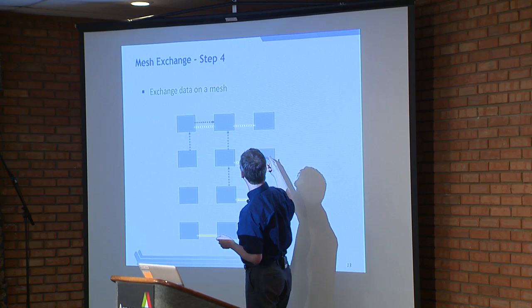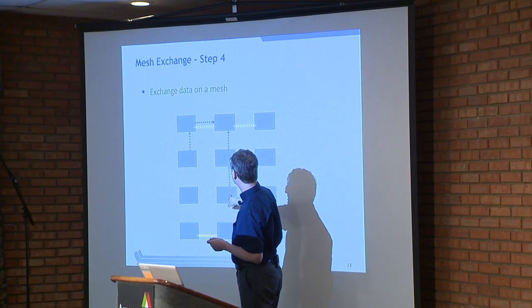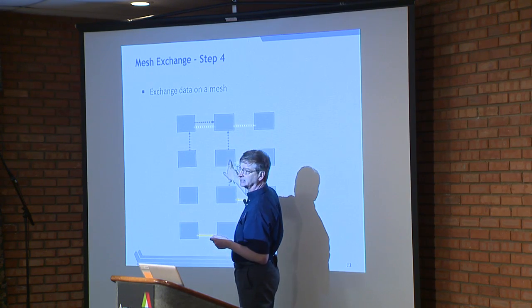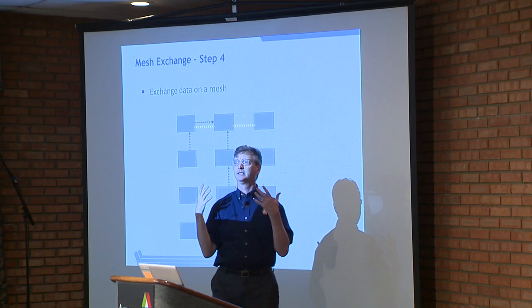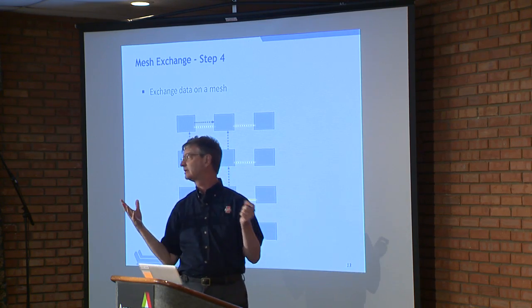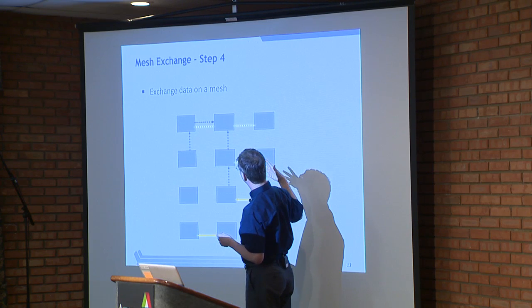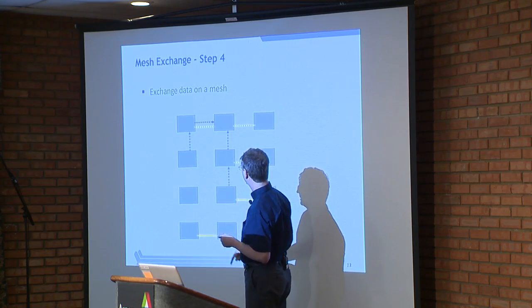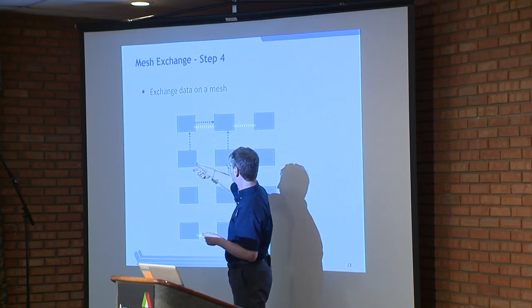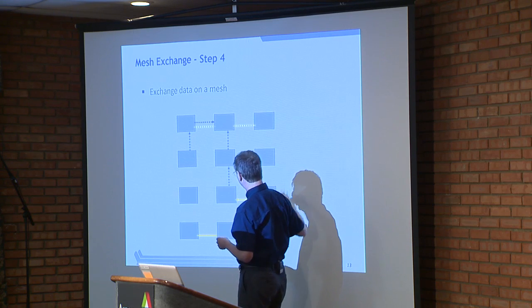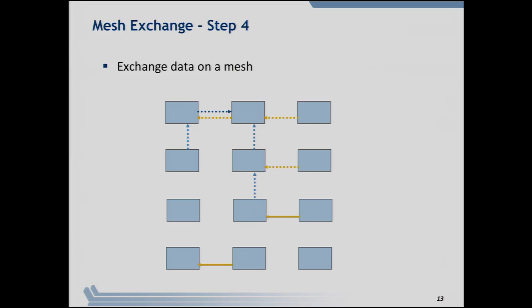For example, this process here is still sending up. If everything happened really nicely, in the fourth step everybody would be sending left, but that's not what's happening. So at the end of the fourth step, we're not done yet.